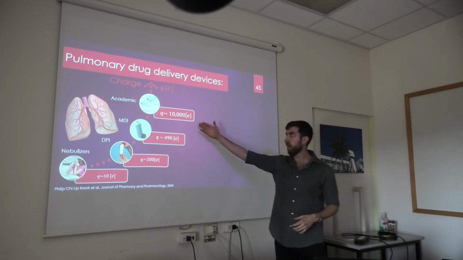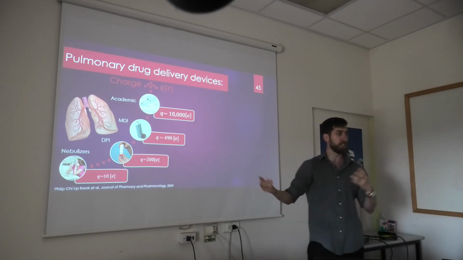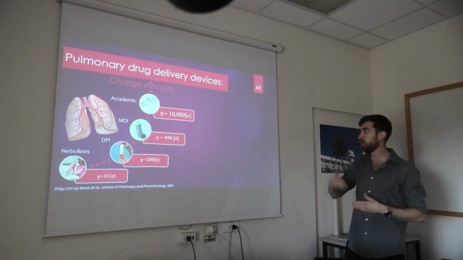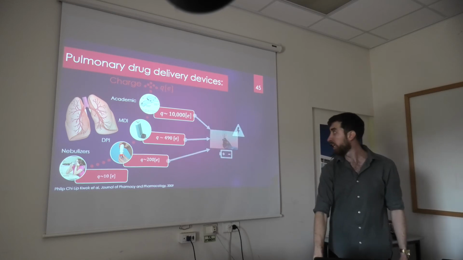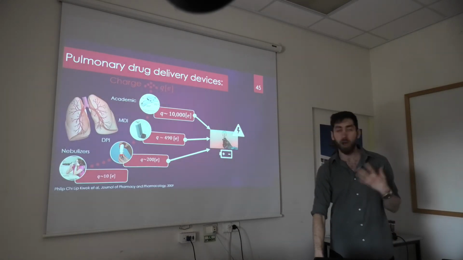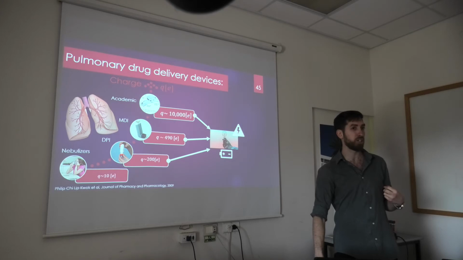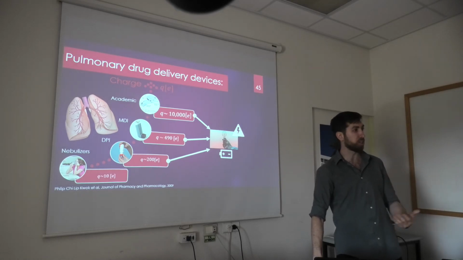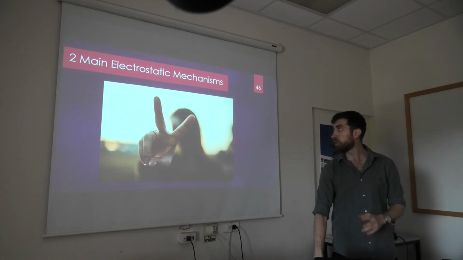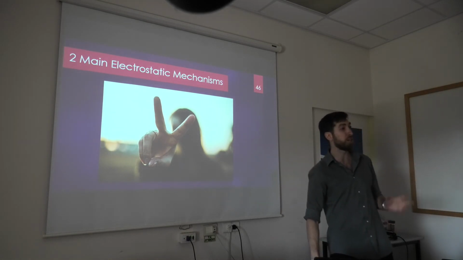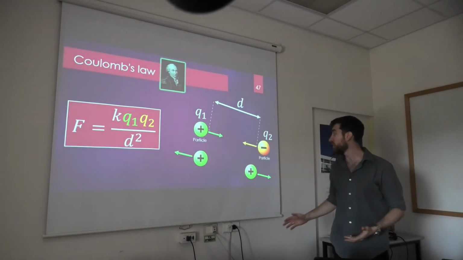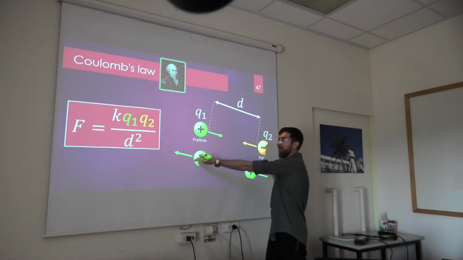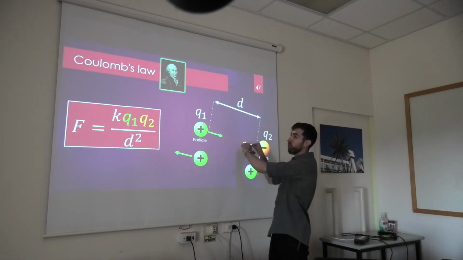And you can have some academic ideas that are going to enhance the charge effect, which can reach a huge amount. And the question is how we can use this concept to enhance drug delivery to the lungs more efficiently. Okay, and so there are two main electrostatic deposition mechanisms. One of them is related to repulsion, and the second one to attraction.